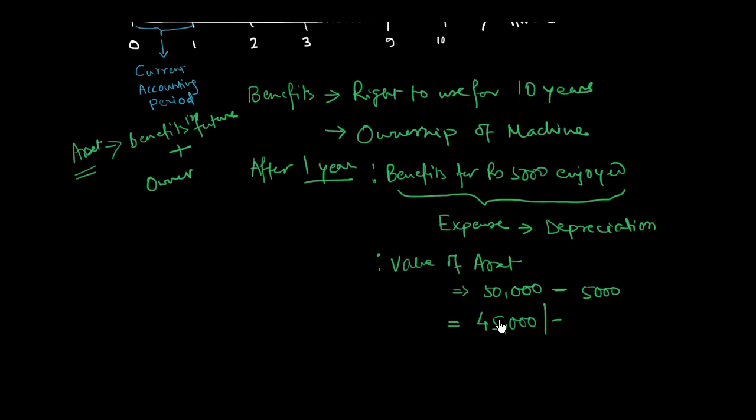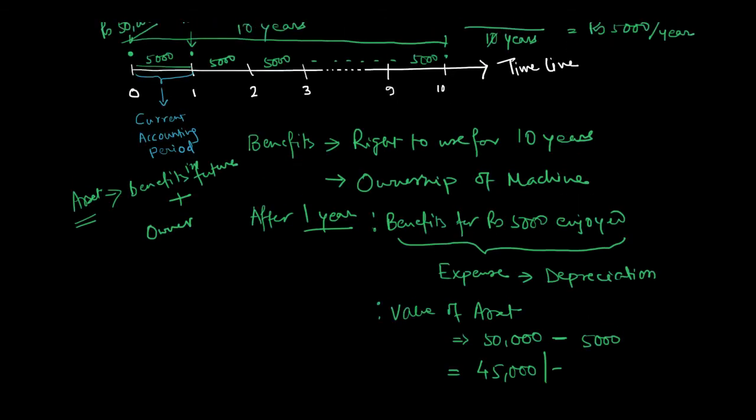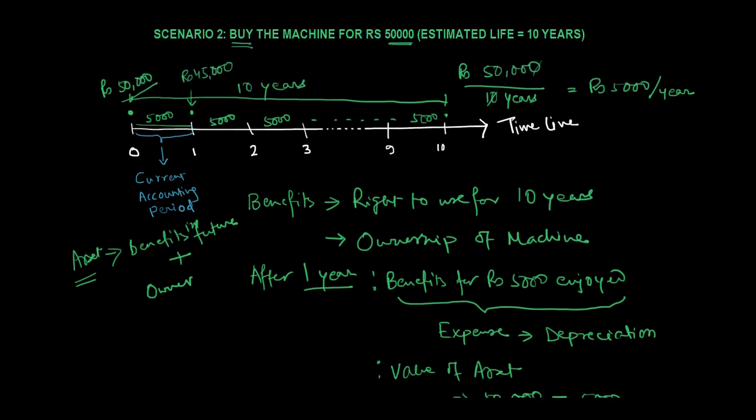This can also be called the written down value of the asset, or the value of the asset after 1 year. And gradually this will become 40,000 over here when benefits worth rupees 5,000 are enjoyed, then 35,000 over here, and at this point it will finally become zero, because 5,000 worth of benefits will be enjoyed every year, and the value of the asset will decrease by that amount.